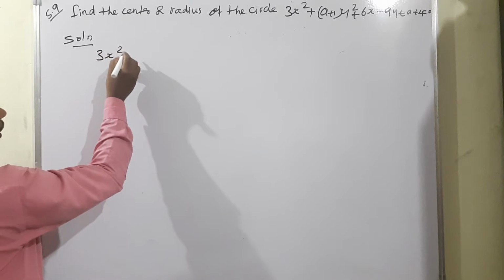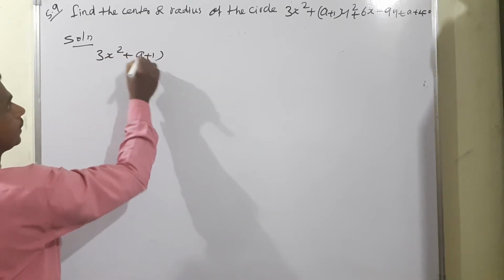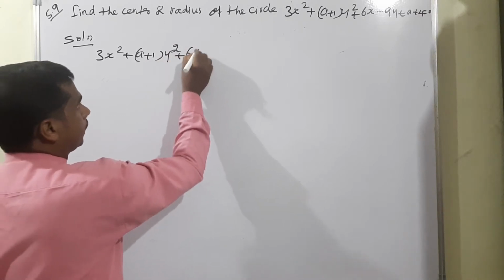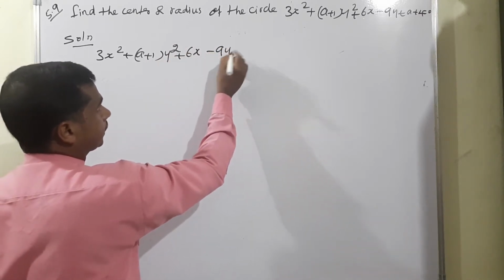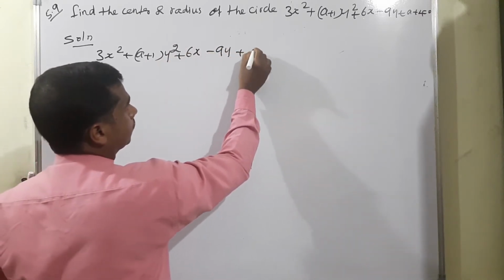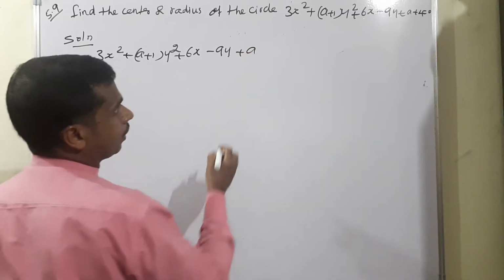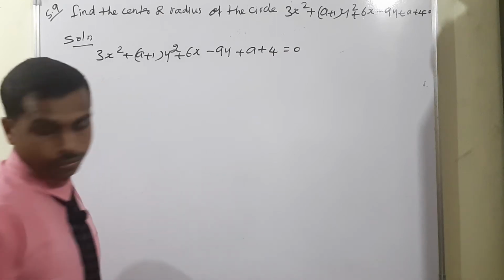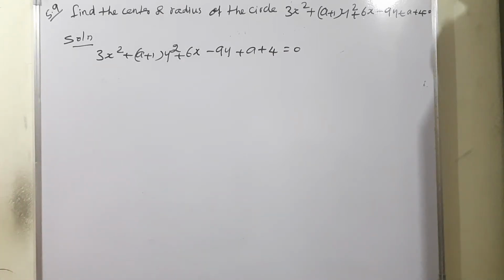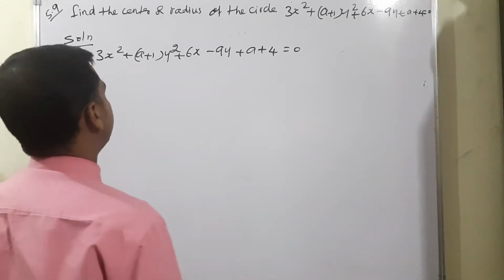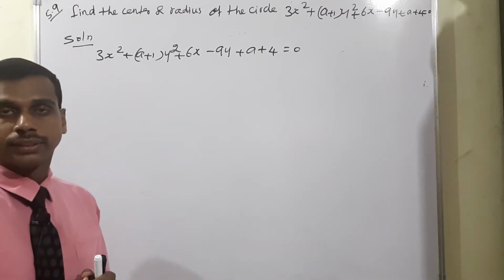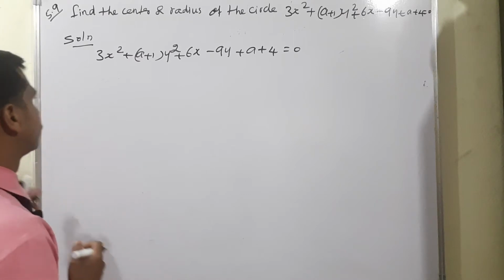So 3x square plus (a plus 1) into y square plus 6x minus 9y plus a plus 4 is equal to 0, isn't it? The question is correct, no? Yes, the constant is a plus 4 is equal to 0. So actually, if it is a circle, the coefficient of x square is equal to the coefficient of y square.